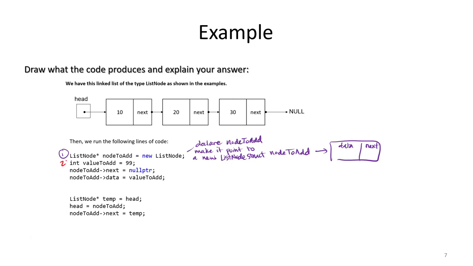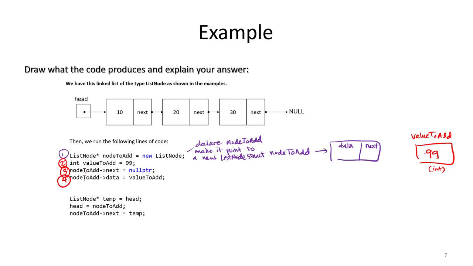And then notice what these next two lines do, lines 2 and 3. Int value to add equals 99. Well, that's declaring an int variable named value to add. And then, look what we're doing here.